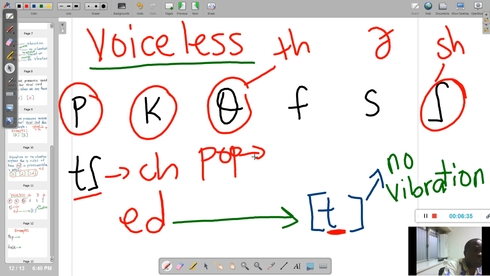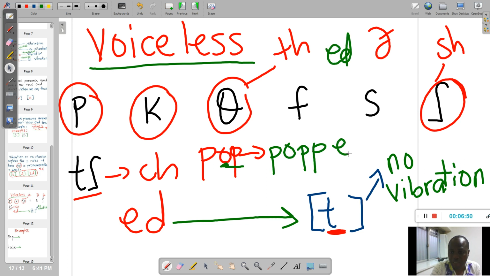If I want to change this into past tense, I add one more P, because the vowel here is a short vowel. That's the rule. So P-O-P, because it's a short vowel, I add another P, then our ED comes in. Because P is an example of a voiceless sound, this should be pronounced with a T sound. So it's going to be popped, not popped.